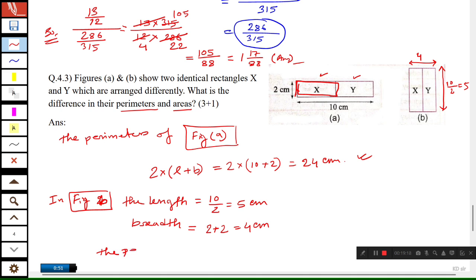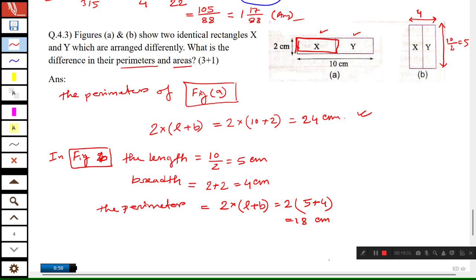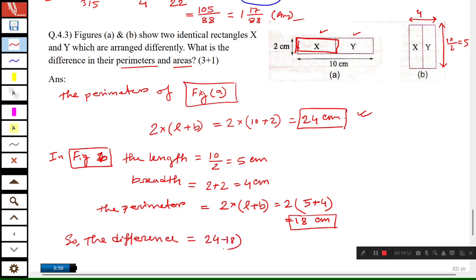So the perimeter is 2 into length plus breadth, 2 into 5 plus 4, 18 centimeter. So in the first case the perimeter is 24 centimeter, in the second case the perimeter is 18 centimeter. So the difference is 24 minus 18, 6 centimeter. Okay, this is the answer.